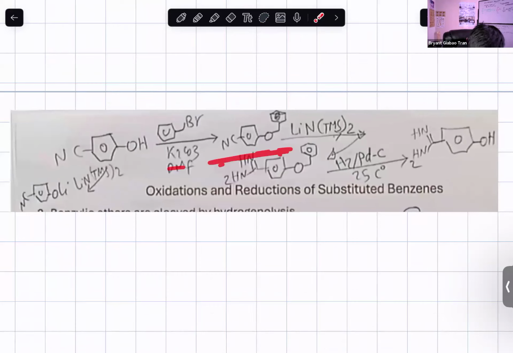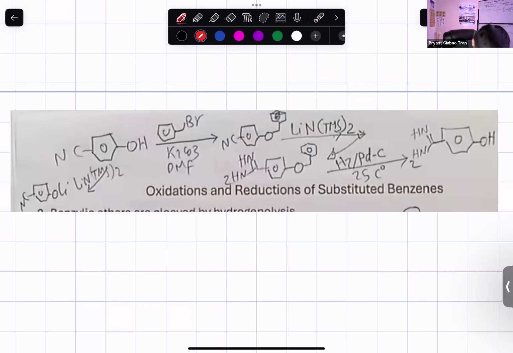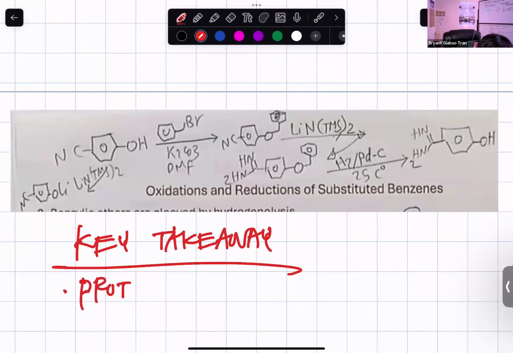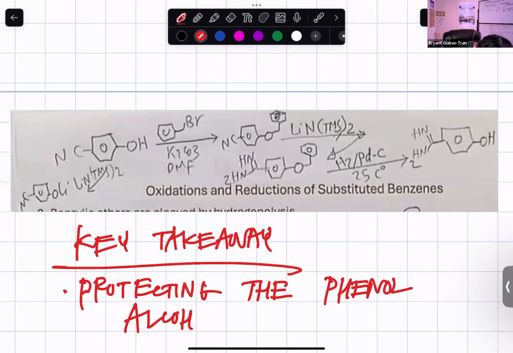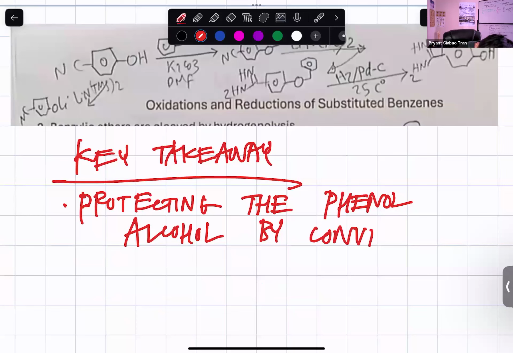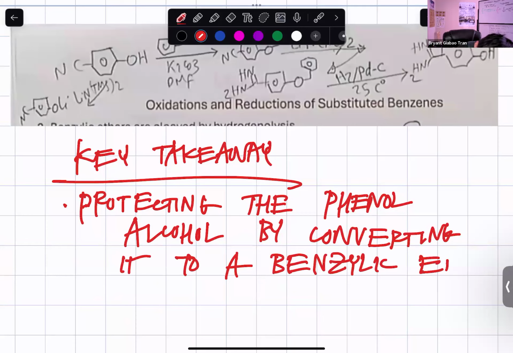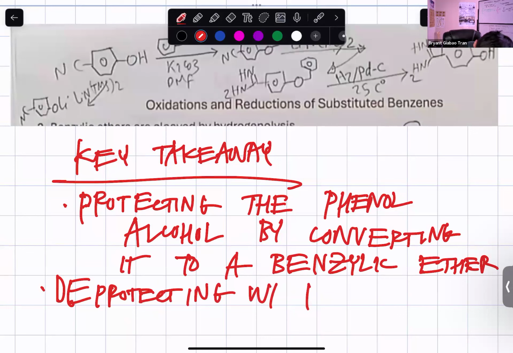Now we get here A2003. Okay. I see. So this synthesis problem here, the key takeaway step is protecting the phenyl alcohol by converting it to a benzylic ether, and then deprotecting it with H2PDC, right?